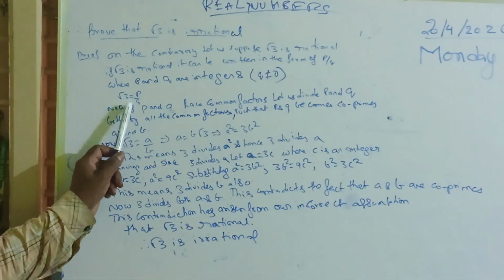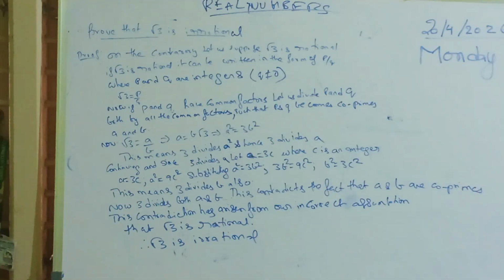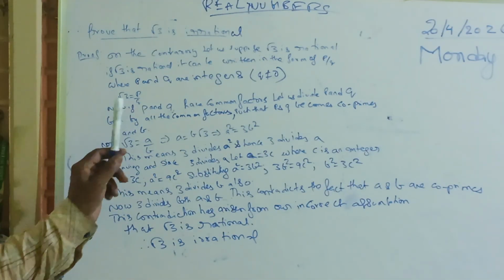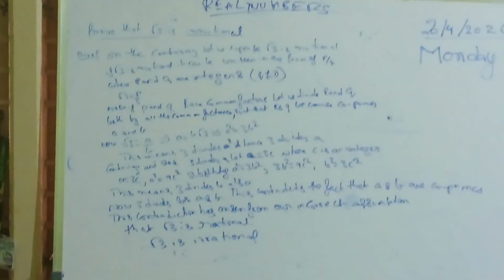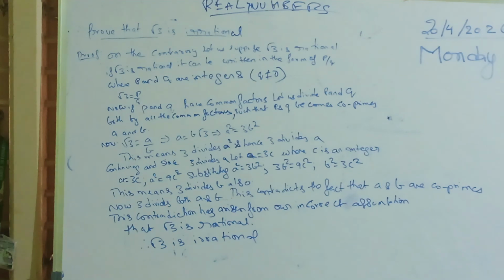Now root 3 is equal to p by q. First suppose p and q have common factors. We divide both p and q by all the common factors, such that p by q reduces to its co-prime form.